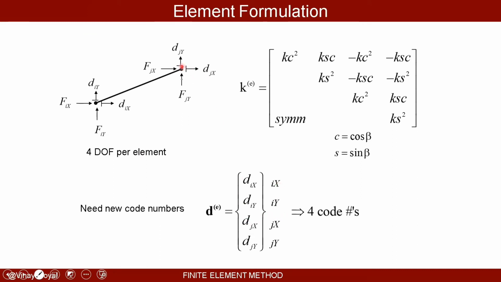And then the next node is J, and you can see here you can move right or up, and that's what you see there, DJX and DJY. So I have 4 degrees of freedom. These are the new code numbers now.